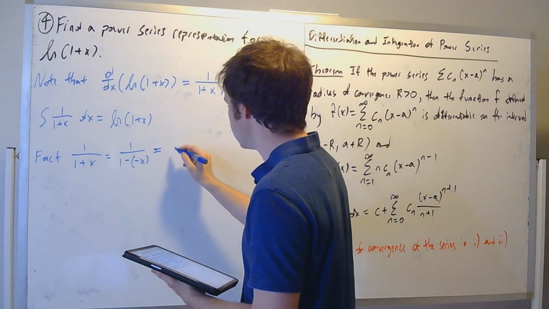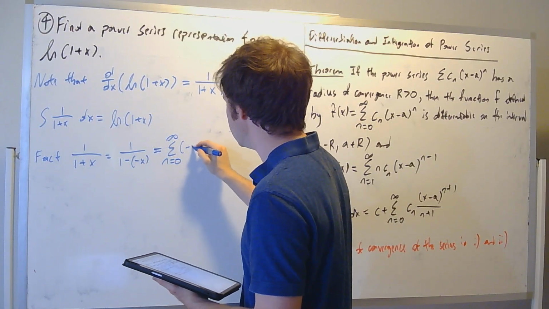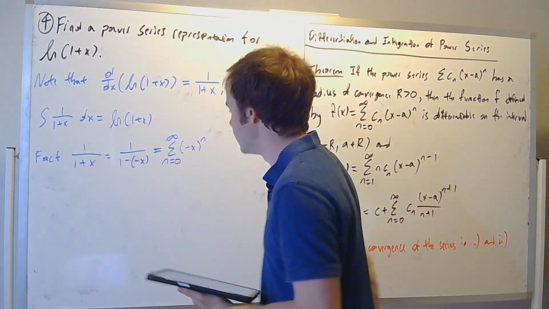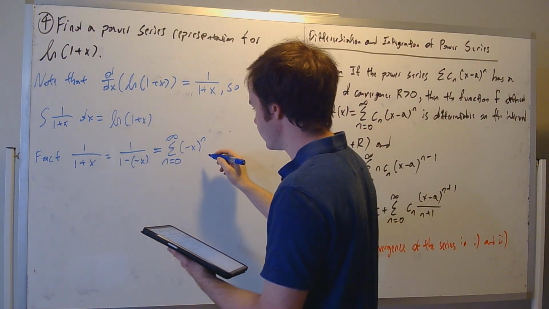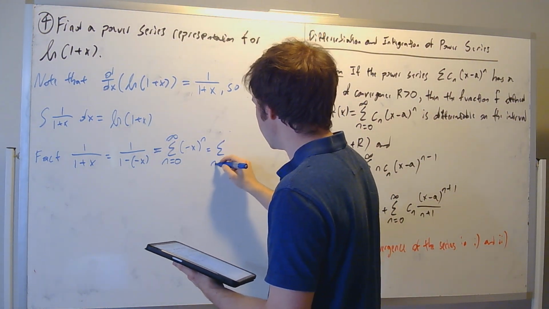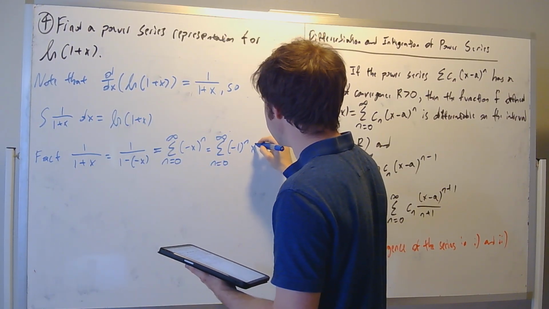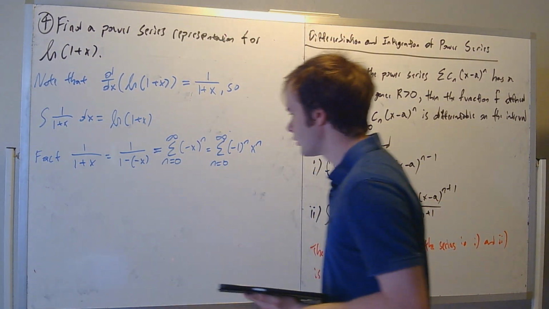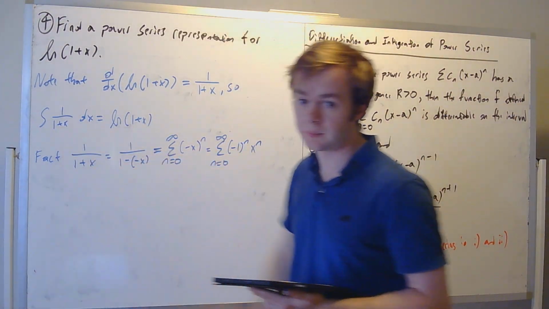We can now say that this is the sum from n equals 0 to infinity of negative x to the power of n, and we can, of course, rewrite that as the sum from n equals 0 to infinity of negative 1 to the power of n times x to the power of n. Okay, so we figured out how to rewrite the inside part here.